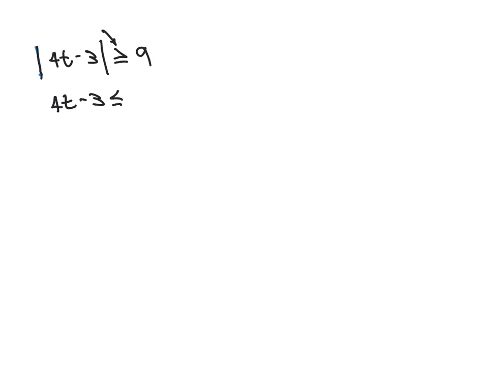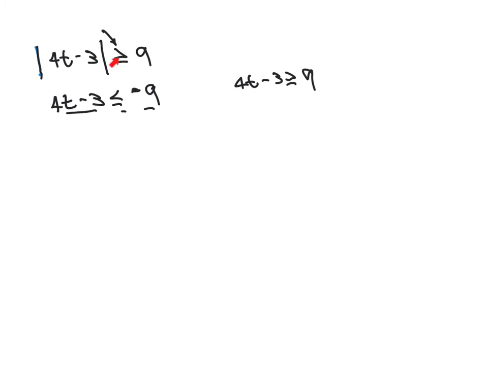We switch the sign on the first one and make it a negative 9. So we take the sign off, we switch the sign. On the next one, we leave the sign the way it is and the number the way it is. Nothing changes there. So that's key to remember.